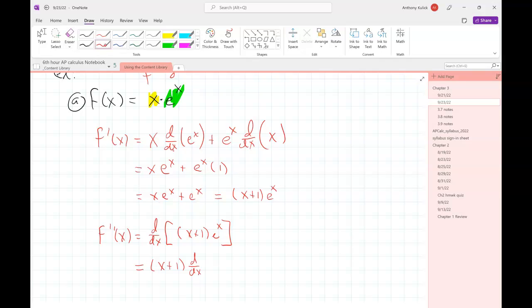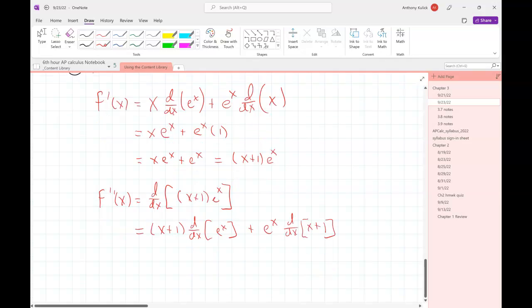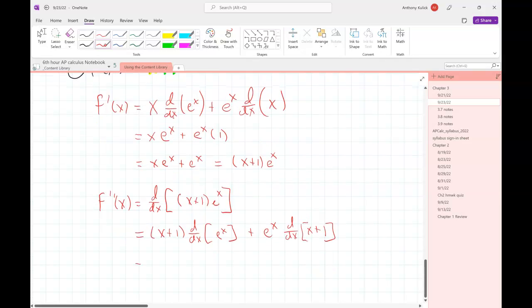So we have f of x times the derivative of g of x plus g of x times the derivative of f of x. Now here I'm writing out the product rule before I take derivatives of things.